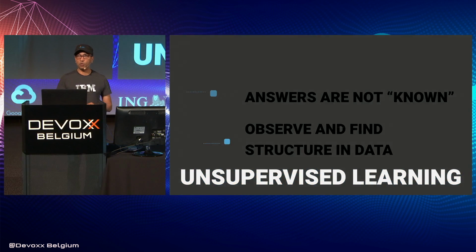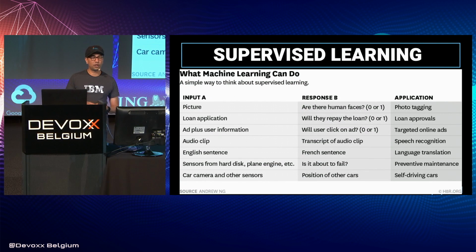So we have unsupervised learning, supervised learning, and let's take a quick look at what we can do with supervised learning to give you a better feel for what some of the typical applications are. I'm not going to read all of this, but you have probably seen these before. The first one is we input a picture, and the question is, are there human faces? Something like that can be used for photo tagging.